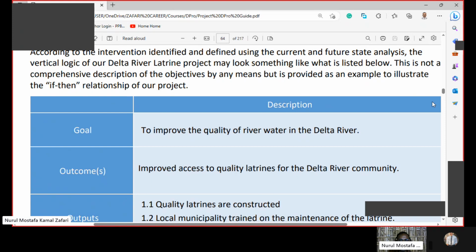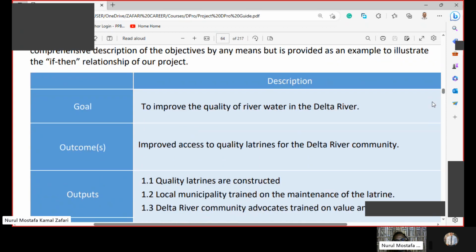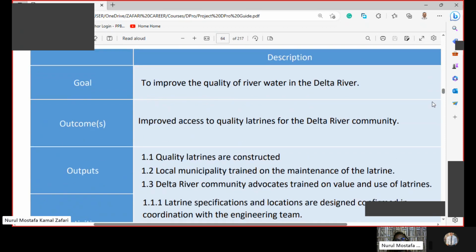This is not a comprehensive description of the objectives by any means, but is provided as an example to illustrate the if-then relationship of our project. Now, let us see some vertical logics from the Delta River latrine project.